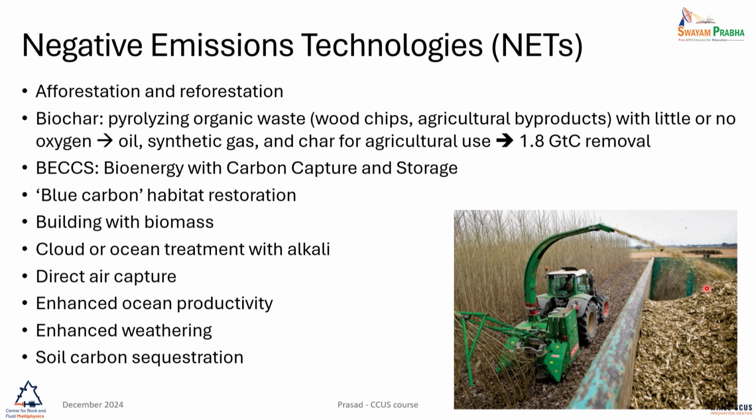It's pyrolyzed. As you pyrolyze it, it creates what's called charcoal. That charcoal is amazing for agricultural use because it has a large surface area. It has a very high water retention capacity.